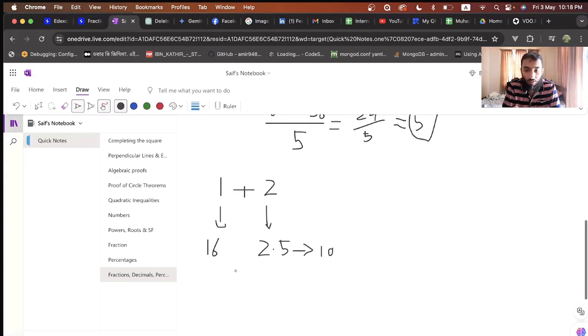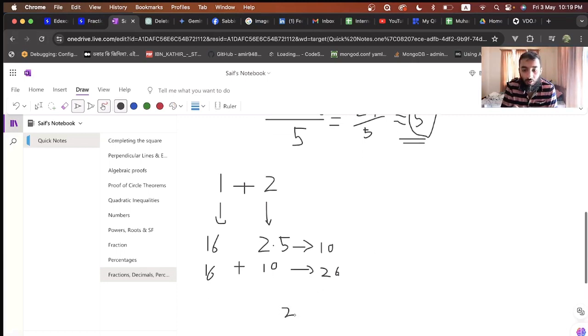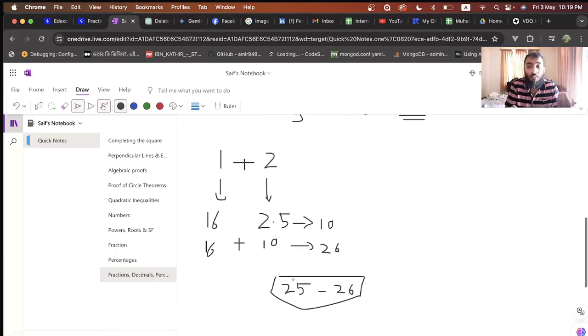So the total cost is 16 plus 10, which is around 26, because we had a rough estimation in this one. It's around 4.95, so it's going to be around 25 to 26 pounds. This is the cost that Mr. Brown will have to incur as an adult and his two children after the use of the rail card commission.